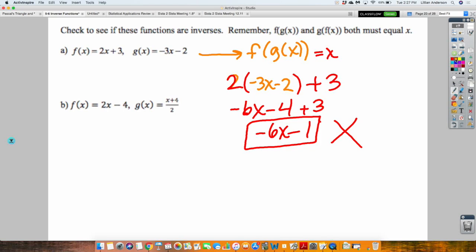That's a good question. Let's look at this one, okay? I have to do f of g of x. So again, I'm plugging g into x in f. Everyone see it? So far, so good? Now, when I simplify this, what happens to this 2 on the outside and this 2 at the bottom?